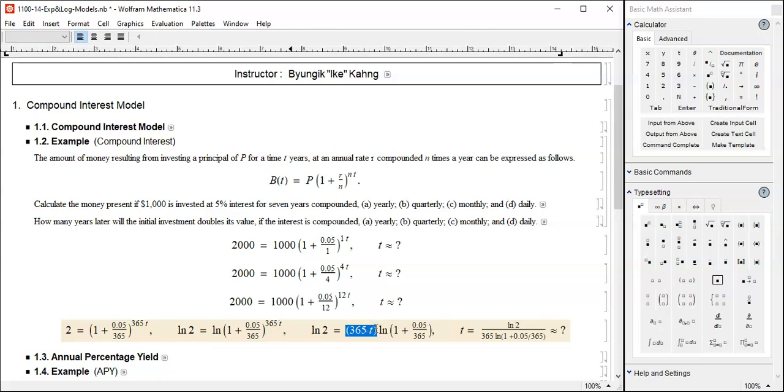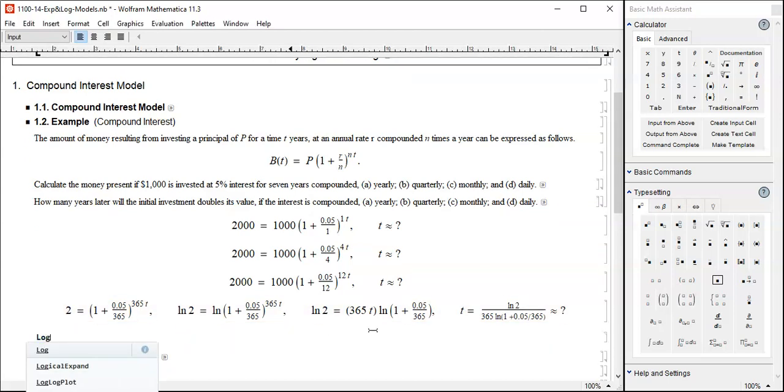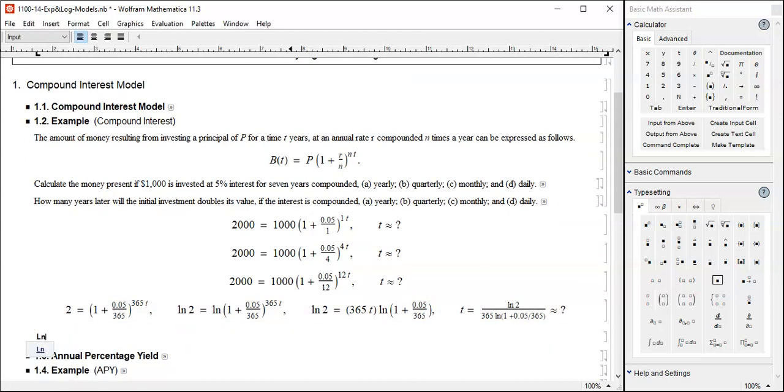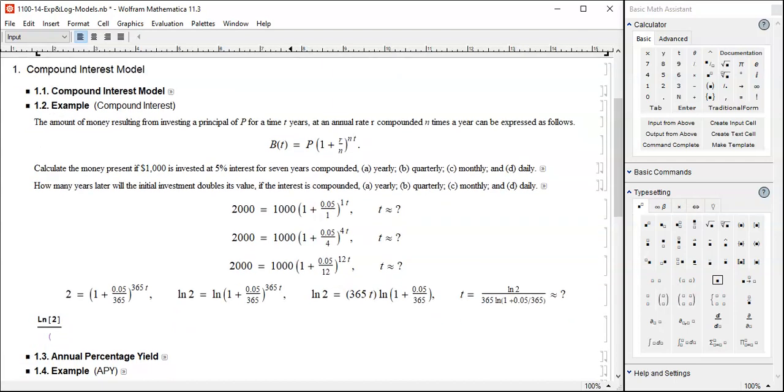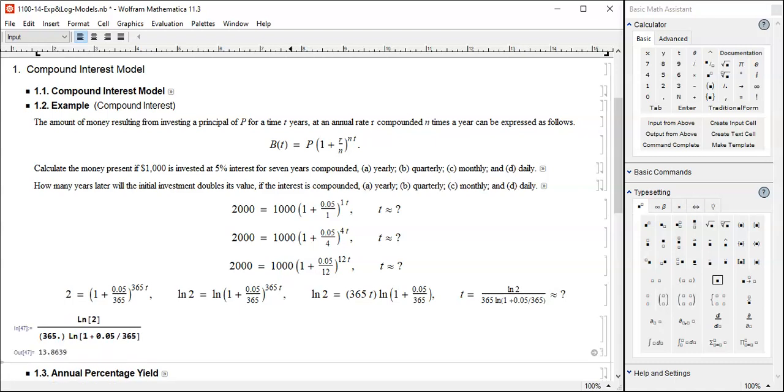If you remember those log rules, then the problem will take care of itself from this point on. The power comes out as a coefficient, and then we have 365 times this log, whatever the value is. Those are all numbers. Just flip it away, and you're going to get the t value. So what is this t value here? Log of 2 divided by 365 times log of 1 plus 0.05 over 365.